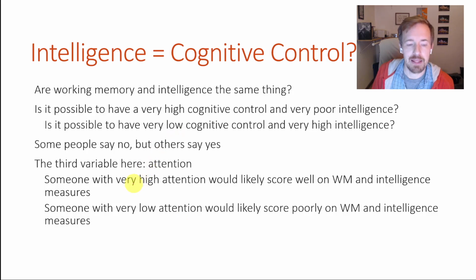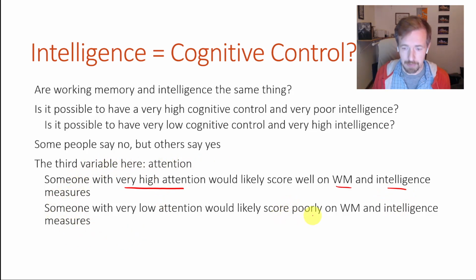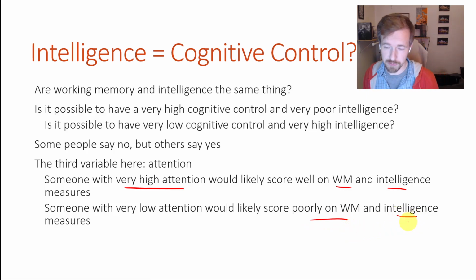So if somebody was really good at paying attention, then they would probably score better than average on a working memory task and better than average on a standard intelligence test. If somebody has a really low attention, then they're probably going to score low on working memory and also lower than average on intelligence measures.